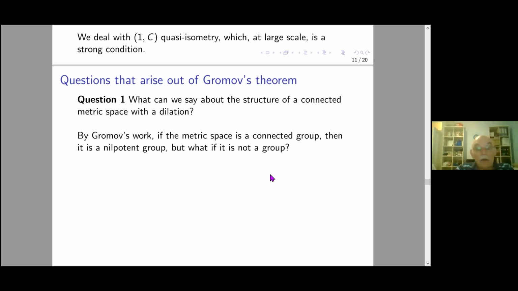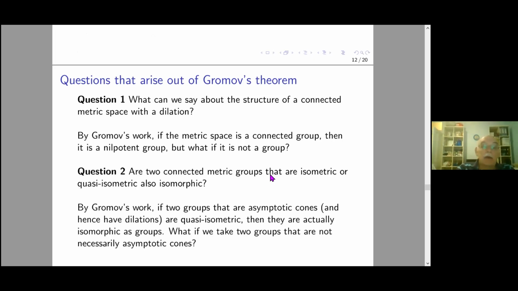And another question is that if I take two connected metric groups, so I take two groups with metrics, and I just say that they are isometric or quasi-isometric, which is a weaker form of isometry, and say these two groups are similar in a metric sense, in a distance sense, does that mean that the two groups are similar in an algebraic sense?